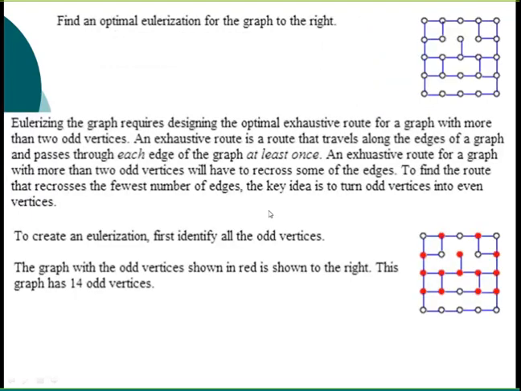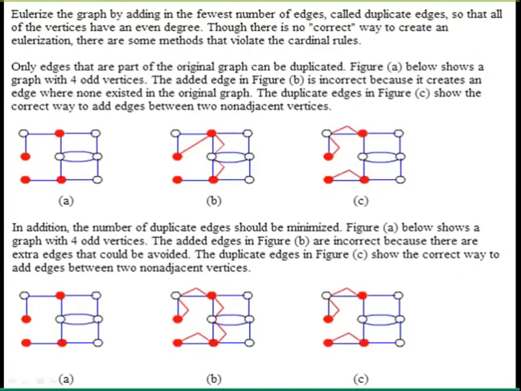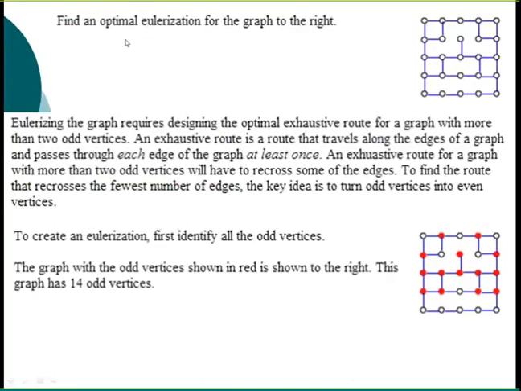Okay. So now you have a really hard problem. I feel it's hard, but it says find an optimal Eulerization for the graph at the right. So here is your ugly bridge and vertices.